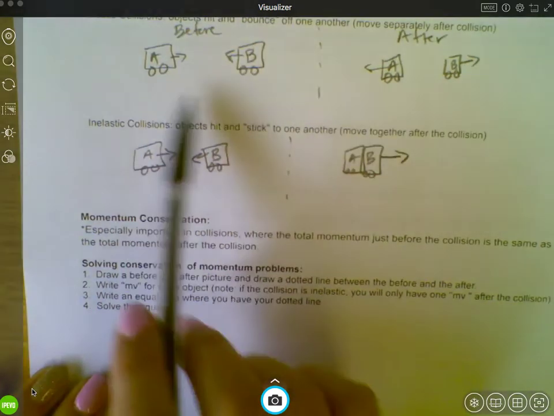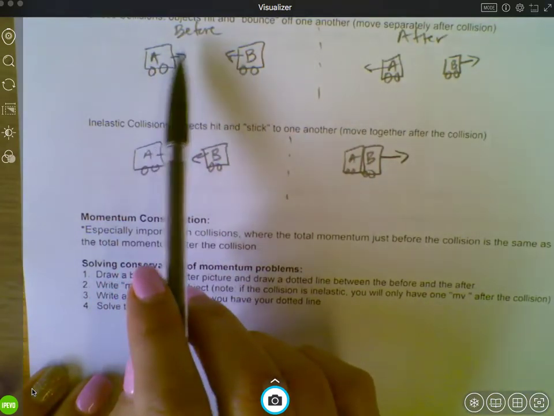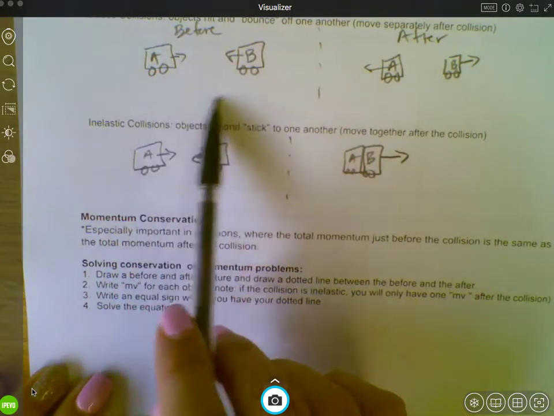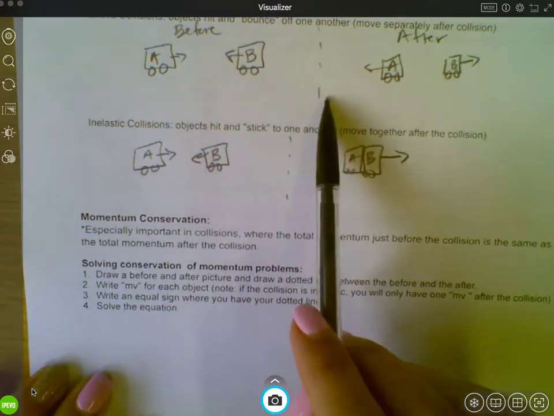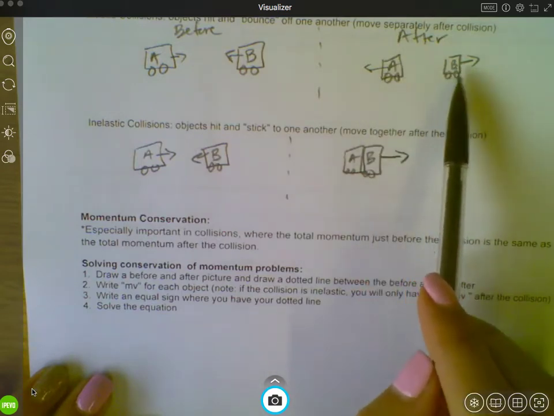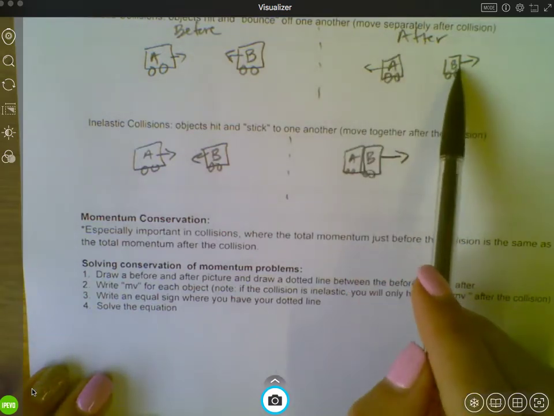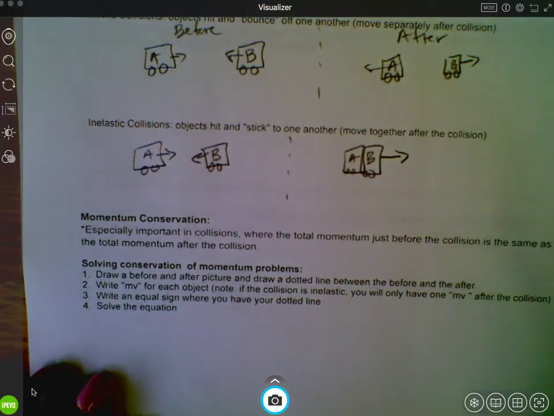Because the total momentum before equals the total momentum after, we need to know the momentum of car A before plus the momentum of car B before. That would be the total momentum before. The dotted line is where we put the equal sign. And then we do mv for A and mv for B after. So the momentum of A after plus the momentum of B after, and these two sides should be equal.